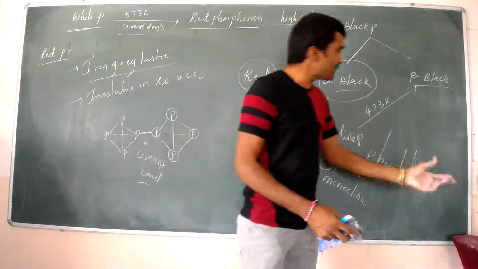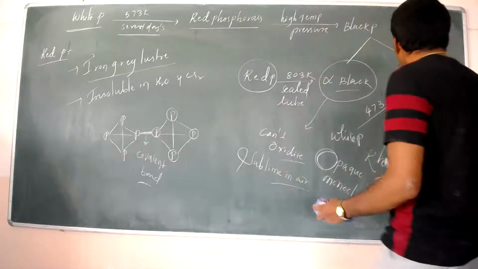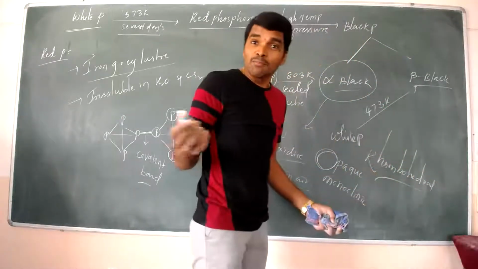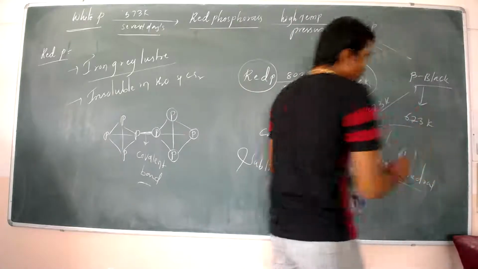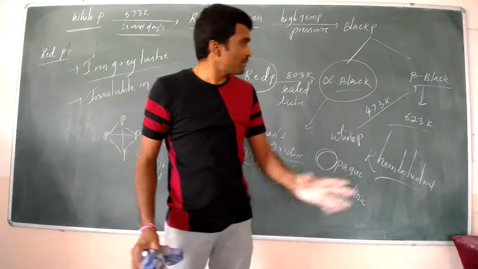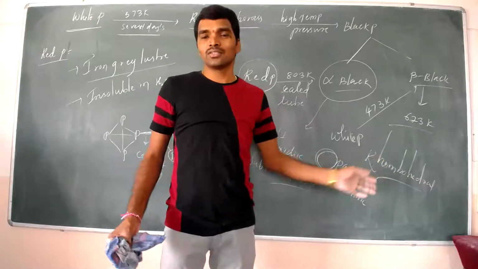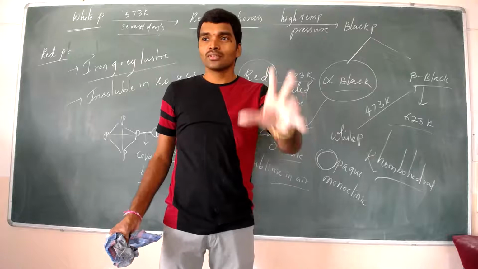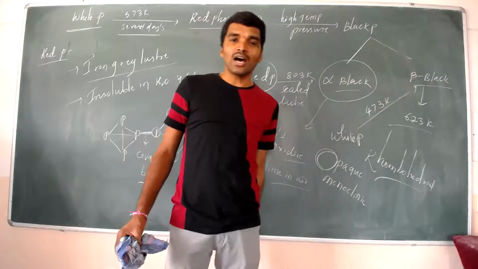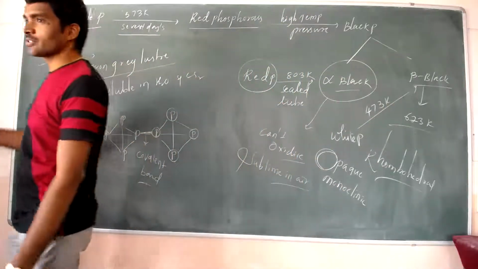And beta black phosphorus cannot burn up to 673 Kelvin temperature. So this is the information about the allotropic forms of phosphorus.